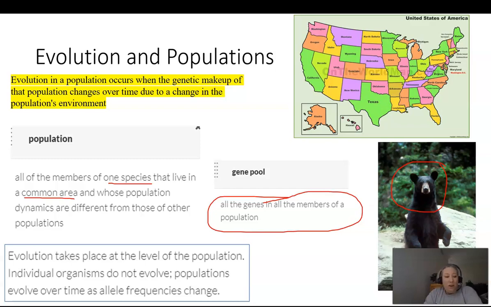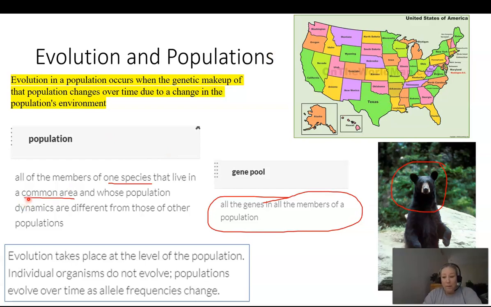And there are populations of black bears throughout the country. There's a population of black bears here in the Smoky Mountains of Tennessee. There's a population of black bears in Michigan, in Florida, and in Maine. There are many different populations of black bears, but they are separated geographically.